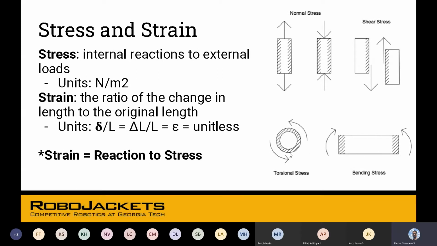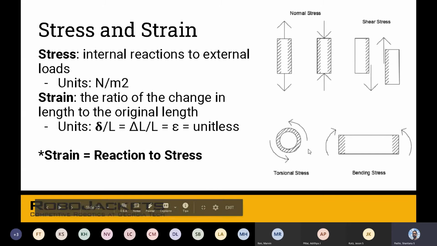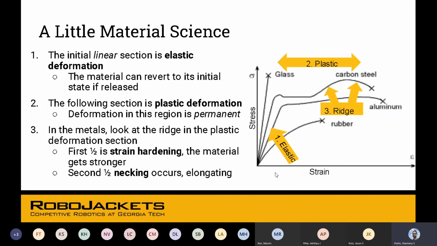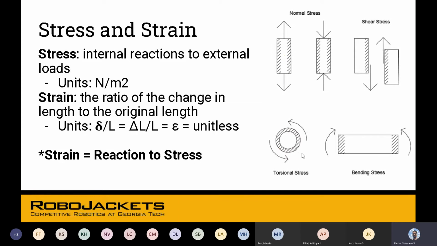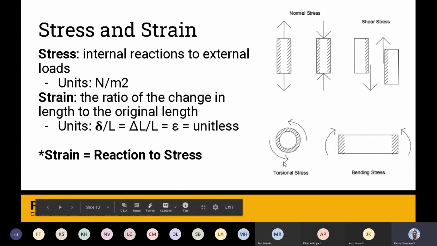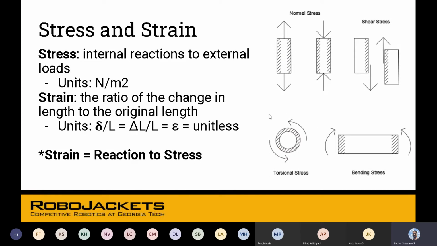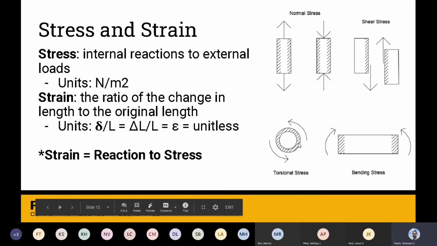Oh, I forgot these two. Stresses can also be applied if you're twisting something. Torsional stress is when you're applying two moments in the same direction, in a clockwise or anti-clockwise pattern. And bending stress happens when you have two moments in the opposite direction.